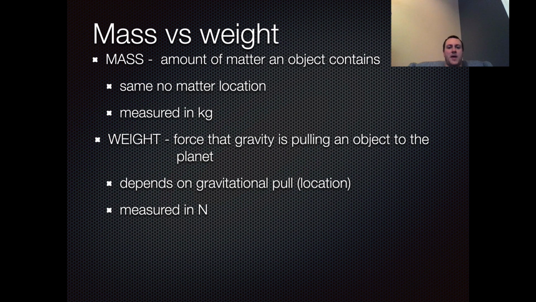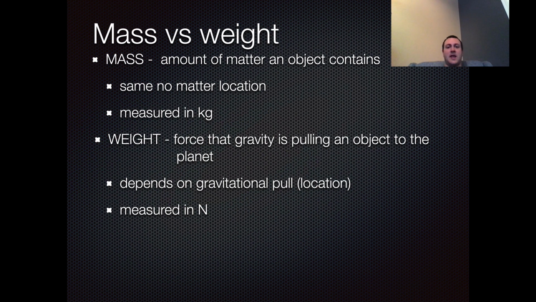That's what your weight depends on. This is the whole idea that when you go to the moon, you're lighter because the acceleration due to gravity on the moon is far less than it is on Earth. Or if you were to go to Jupiter, the gravitational acceleration on Jupiter is far greater than it is on Earth, which is why you would be much heavier on Jupiter than you would be here on Earth. It's based on that little g.